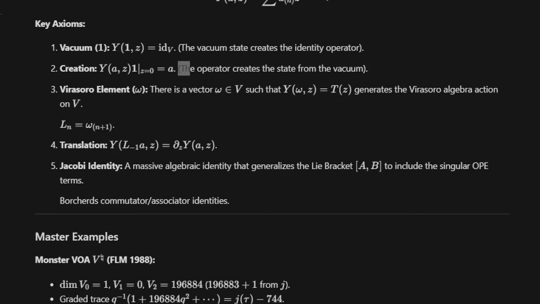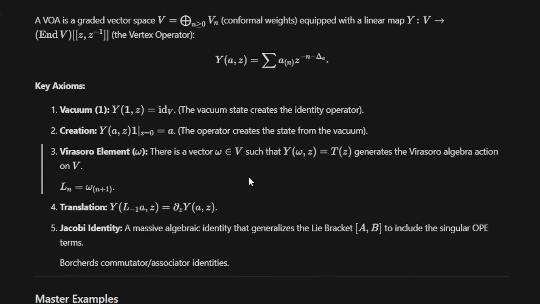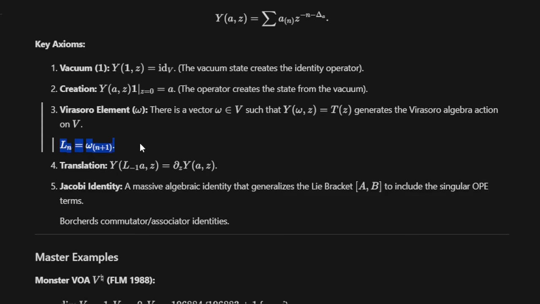And then the Virasoro element: there exists a vector within the vertex operator algebra, or this graded vector space, such that when we take the vertex operator and use the Virasoro element, this generates the algebra action on V. This is typically just a kind of tensor that depends on z. Again, it will generate the algebra action on V, and this will hence give us the fields for the Virasoro element.